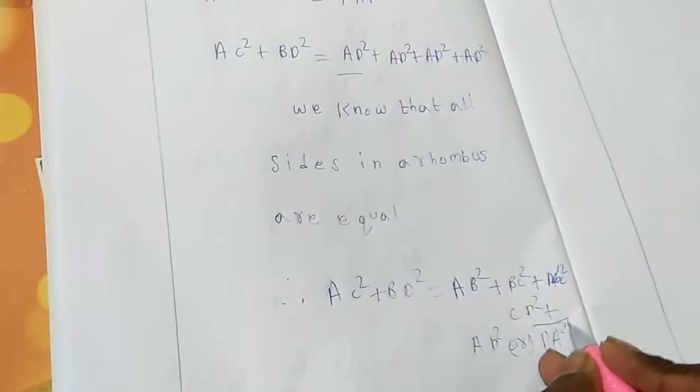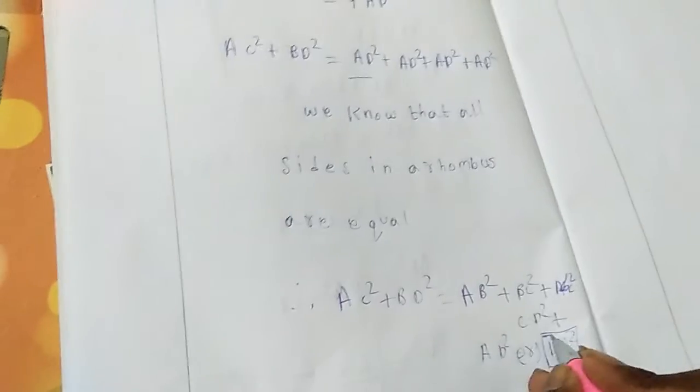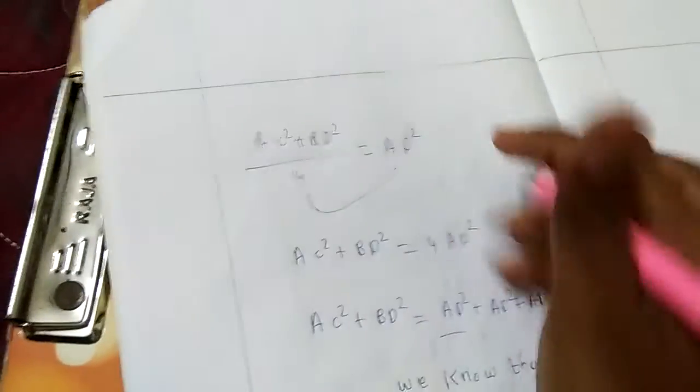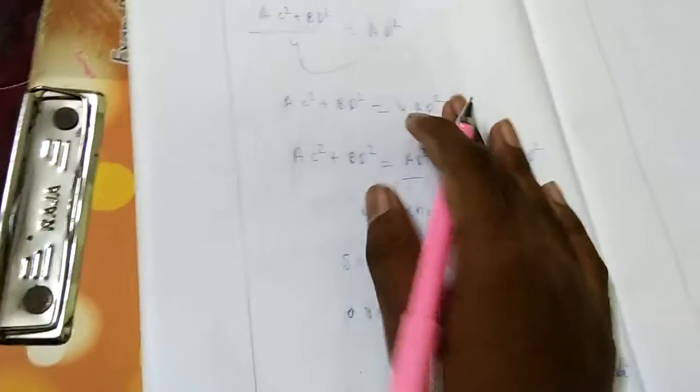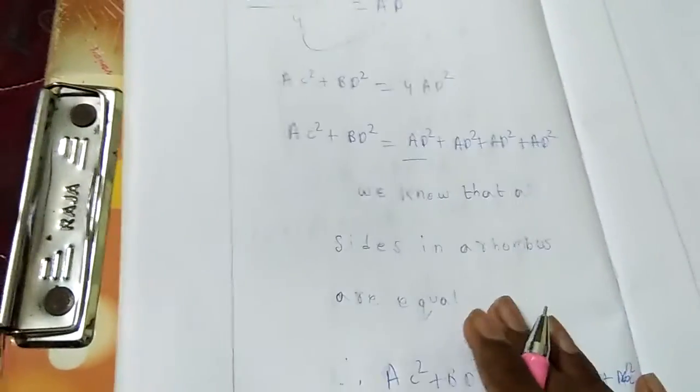It is better to write DA square. So in this way, here also you can write DA. So let us go into the next problem.